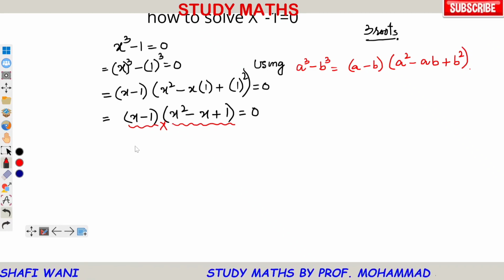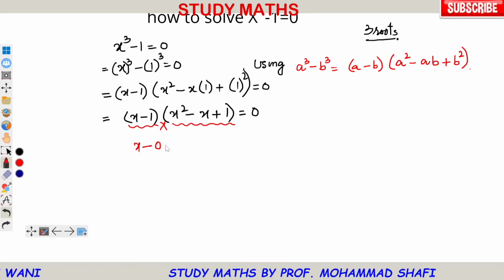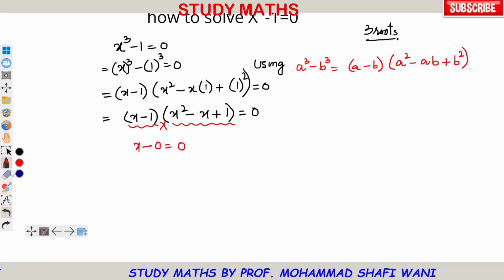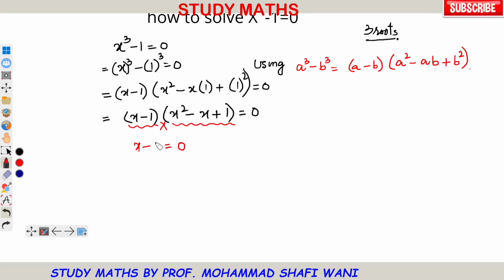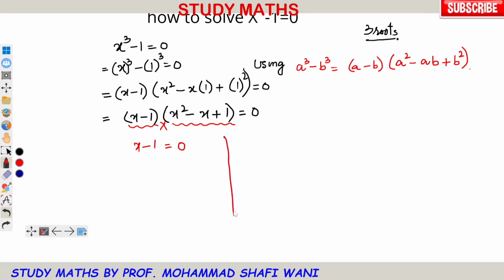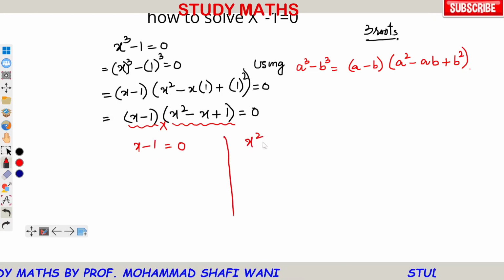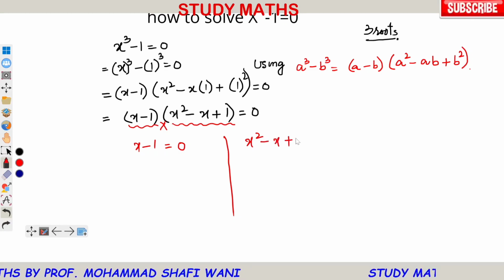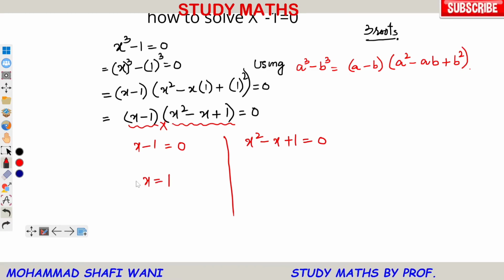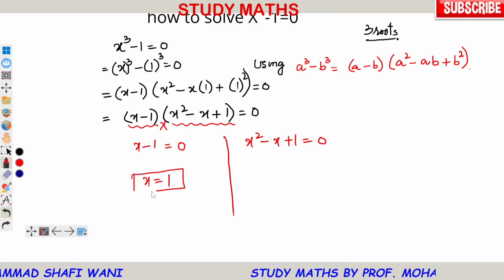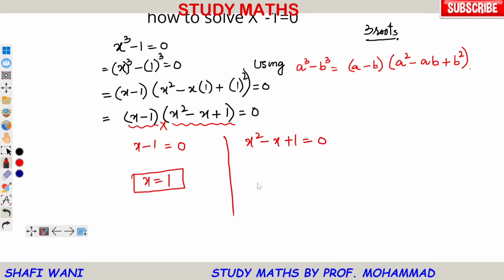So either x minus 1 is equal to 0, or x square plus x plus 1 equal to 0. That means x is equal to positive 1. This is one of the solutions of this cubic equation.